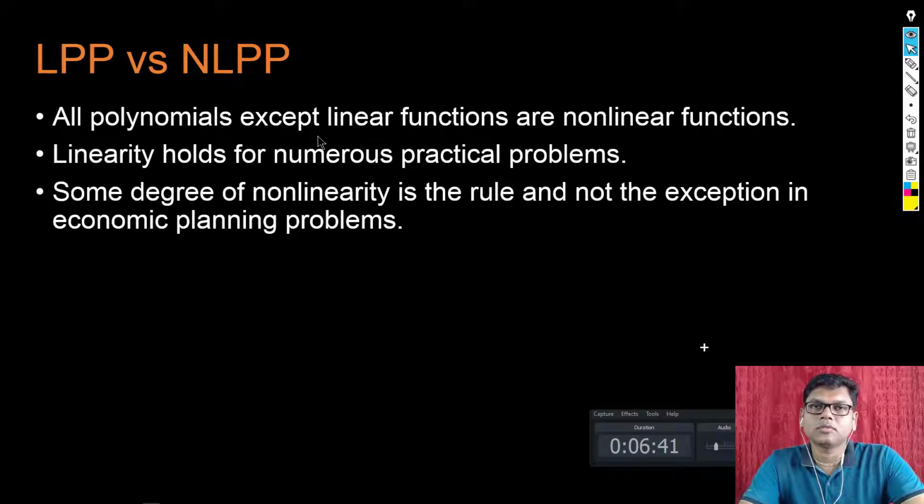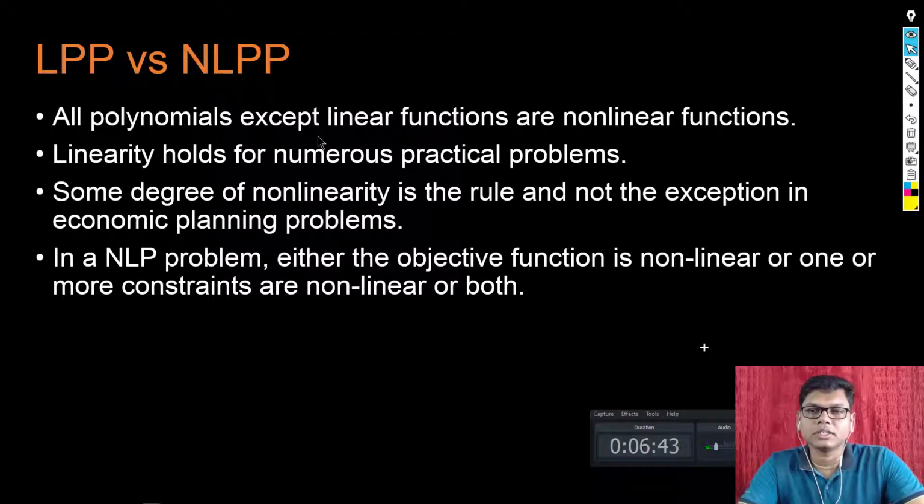So what basically is a nonlinear programming problem? If the objective function you find is nonlinear, then that problem will be known as a nonlinear programming problem. Or if the objective function is linear, but constraints are nonlinear, in that case also it will be known as a nonlinear programming problem.